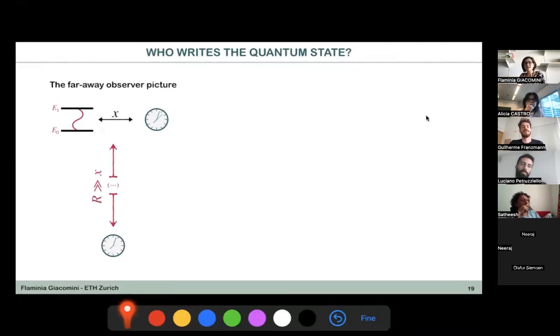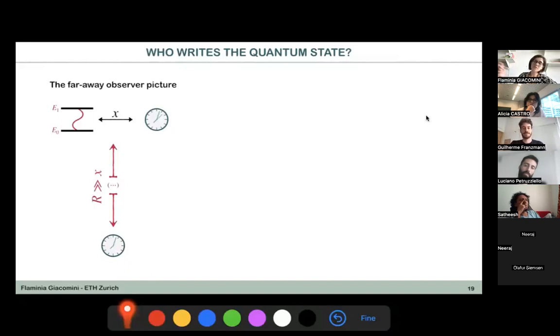But this is somehow an unsatisfactory picture, because it is not always practical to have somebody who is far away, sending light signals and checking when these light signals come back to him, doing some operational picture to check that the state is actually the one that he thinks it is.